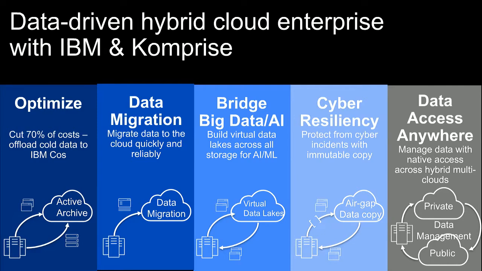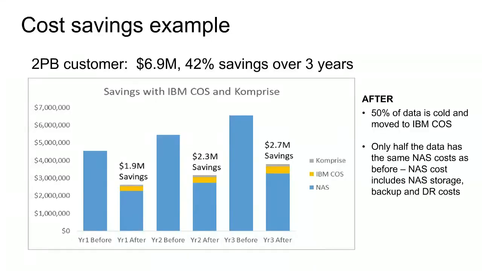And Komprise leverages that so you can create an air-gapped copy of your data if you need it. Especially in today's world, people are interested in that data protection element. So we'll talk about that as well, and we'll show you how you can access the moved data. So these are the things we're going to actually show you now in the live demonstration.